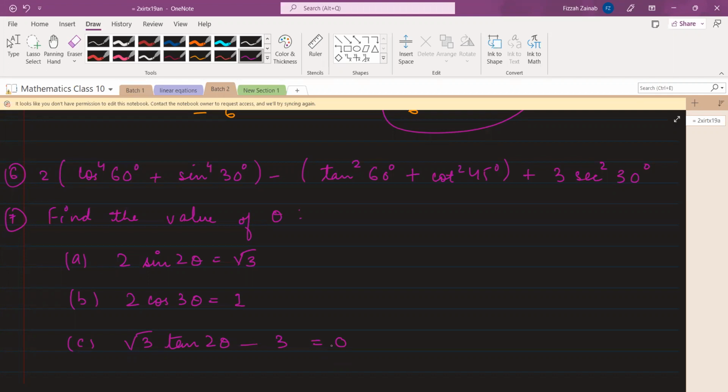Ma'am, I'm getting a negative value. Negative value, no. Now do it again one more time. The answer has to be 1 by 4. Who is getting 1 by 4 as the answer?